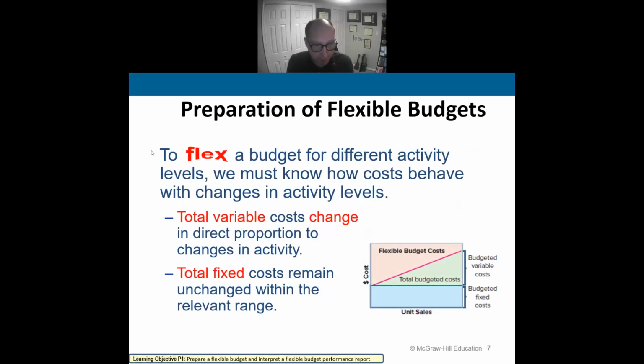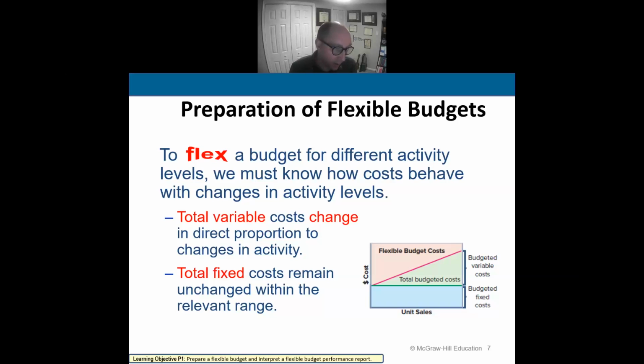Flexible. Let me break it down a little further. Flexibility based off of the level of activity: low, medium, high. Low, 80,000 units. Medium, 90,000 units. High, 100,000 units. I sometimes might sell as low as 80,000, as high as 100,000.